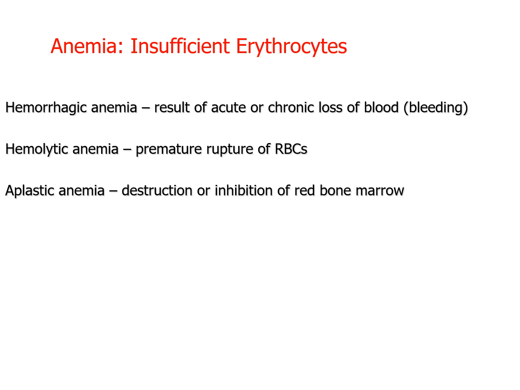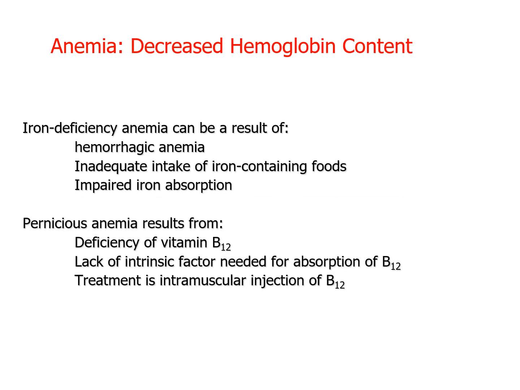Hemolytic anemia involves the premature lysis or rupture of the red cells. And aplastic anemia is destruction or inhibition of the red bone marrow, so you have a lack of adequate production of cells from the bone marrow itself. They never get produced. So hemorrhagic, hemolytic, or aplastic anemias all result in insufficient red blood cell numbers.